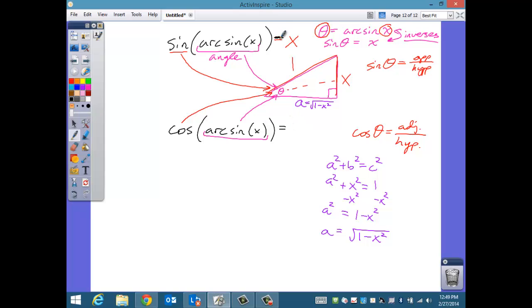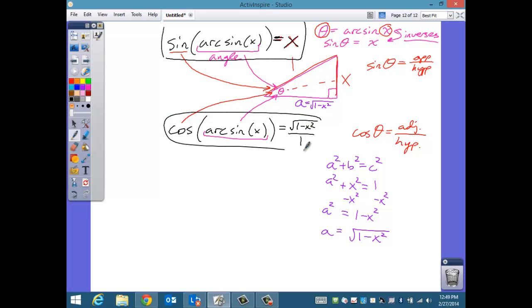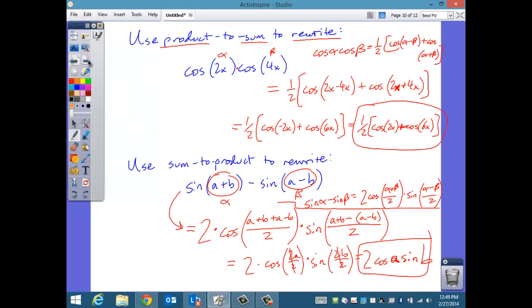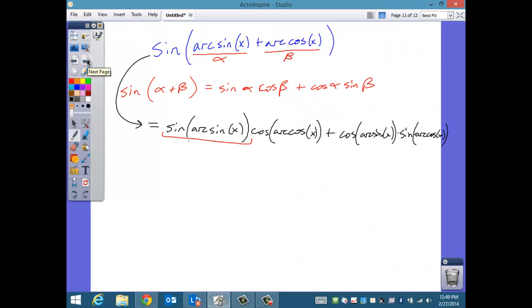So I should have done this in black as well, just to be really consistent and impressive. All right, so we'll do this divided by 1. There you are. So I've got this part, I've got this part. It's almost all I need to do.